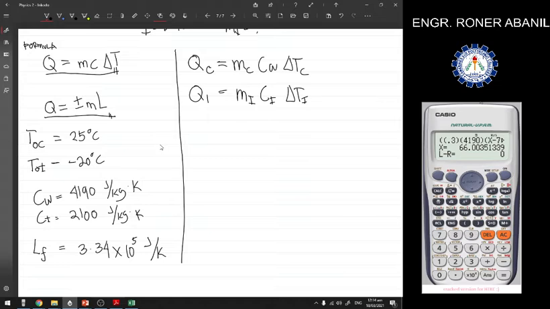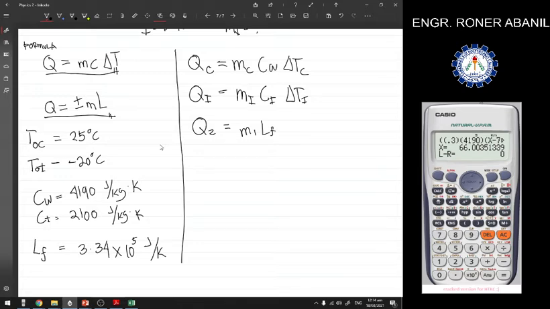Meron pa tayong Q2 para dun sa phase change, M ng ice times LF.